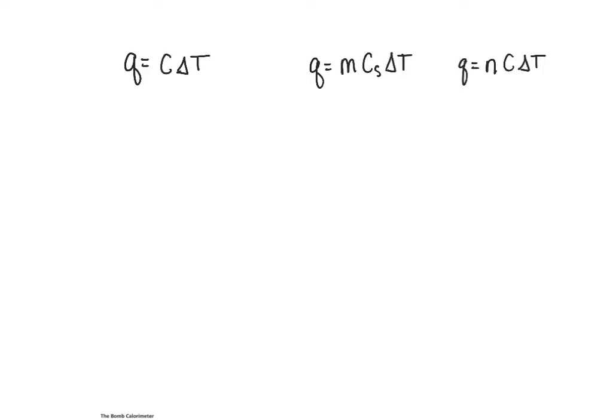So in this first example here, our C is going to be heat capacity, usually in units of joules divided by degrees C. And that means that our Q value is going to be heat in joules, and our delta T is going to be temperature in degrees C.